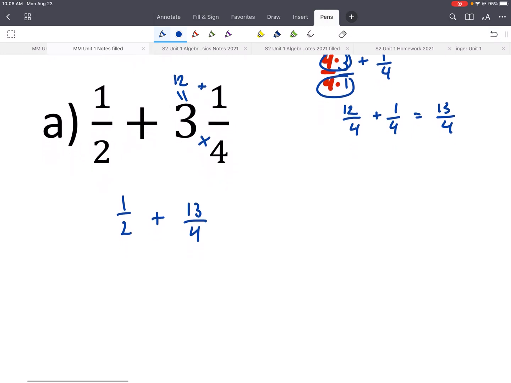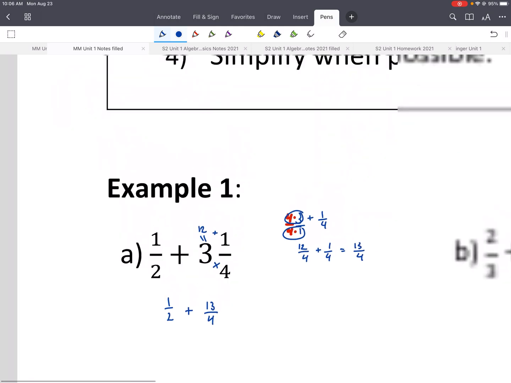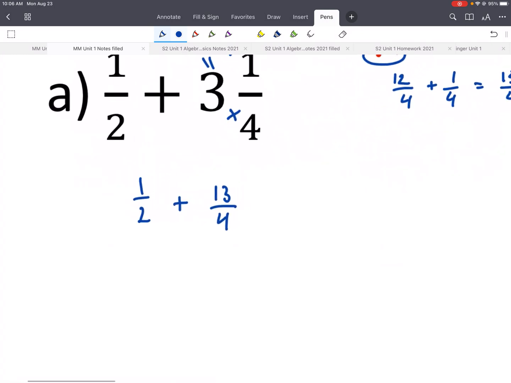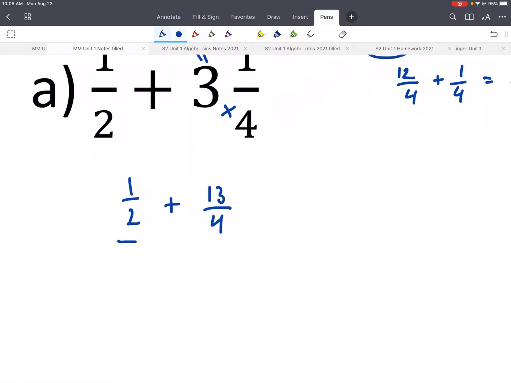All right, and then once you get to that point, I think our next step is to make a common denominator. So here we have a 2 and a 4. And we need them to be the same. So we could make this be a 4 really easy by multiplying it by 2. But again, if we're going to multiply the bottom by 2, we need to multiply the top by 2 as well. Okay? So 2 times 1 is 2. 2 times 2 is 4.